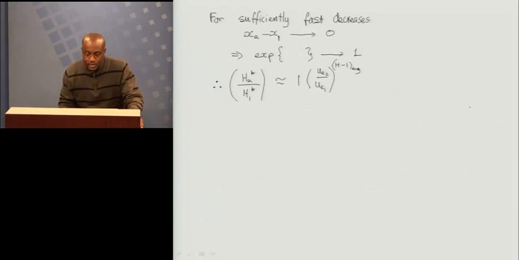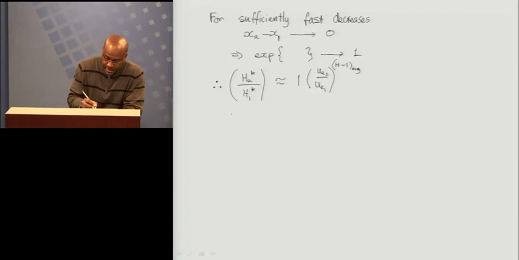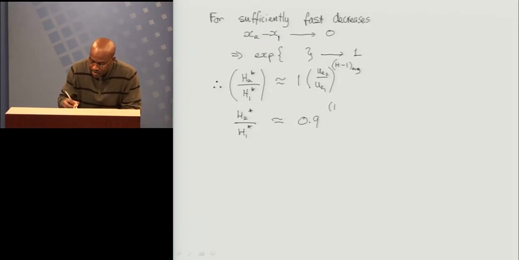So for this particular case, H2* over H1* is approximately 0.9 to the H minus 1 average.